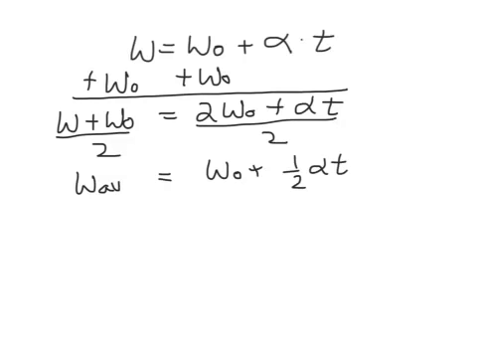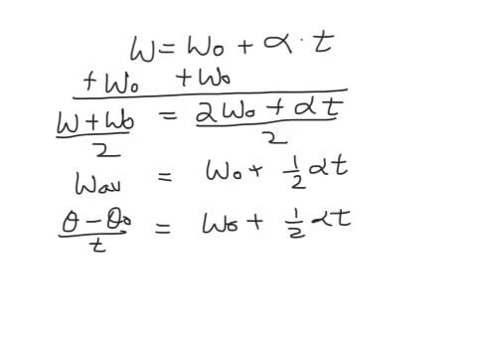But if you remember, omega average is just theta minus theta naught divided by time, right? Delta theta over delta t. This is equal to omega naught plus 1/2 alpha times t. And so then what we want to do is solve for theta.